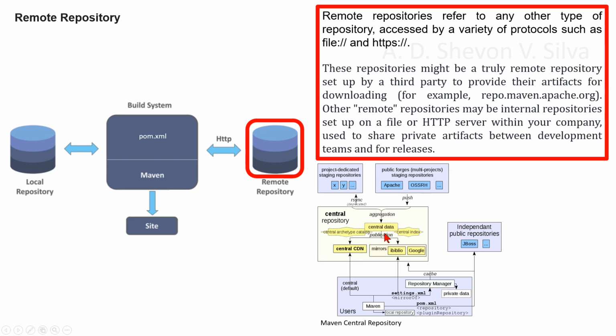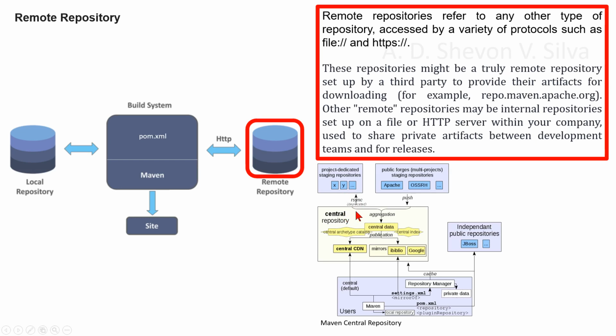Publication is passed from central data to the central CDN and mirrors, and here you can see the central archetype catalog and central index. Inside the mirrors you can see iBiblio, Google, and rsync.